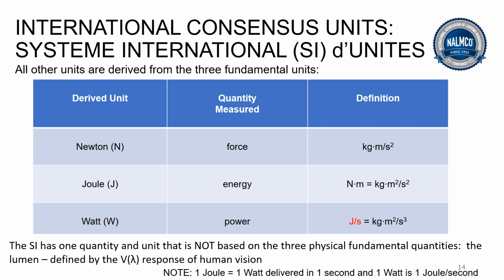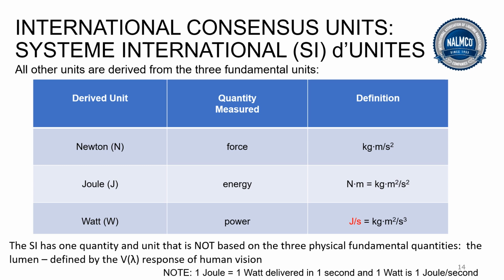I want to point out that energy measured in joules is watts of power delivered multiplied by the seconds of delivery. So 1 joule is equal to 1 watt delivered in 1 second.